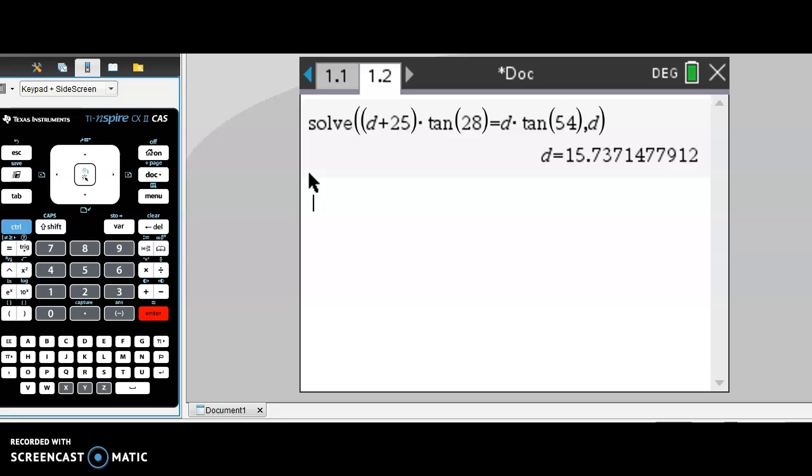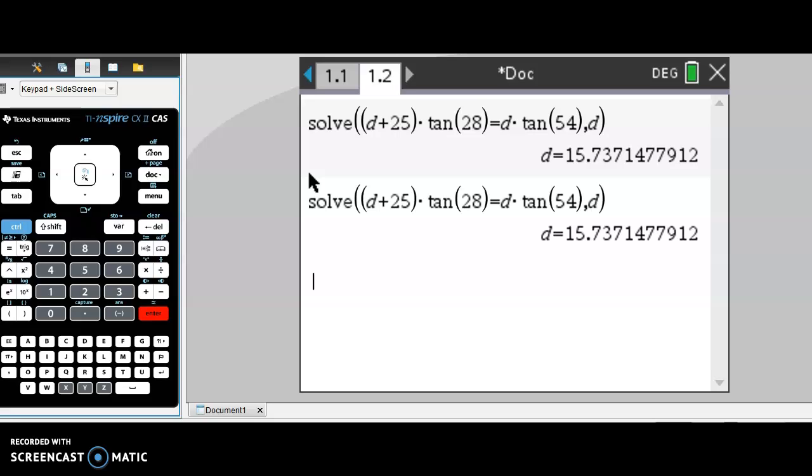So we take the answer, D, times it by tan 54 degrees, and we get 21.66. So if the answer is to one decimal place, it will be a 21.7 meter tall tower.